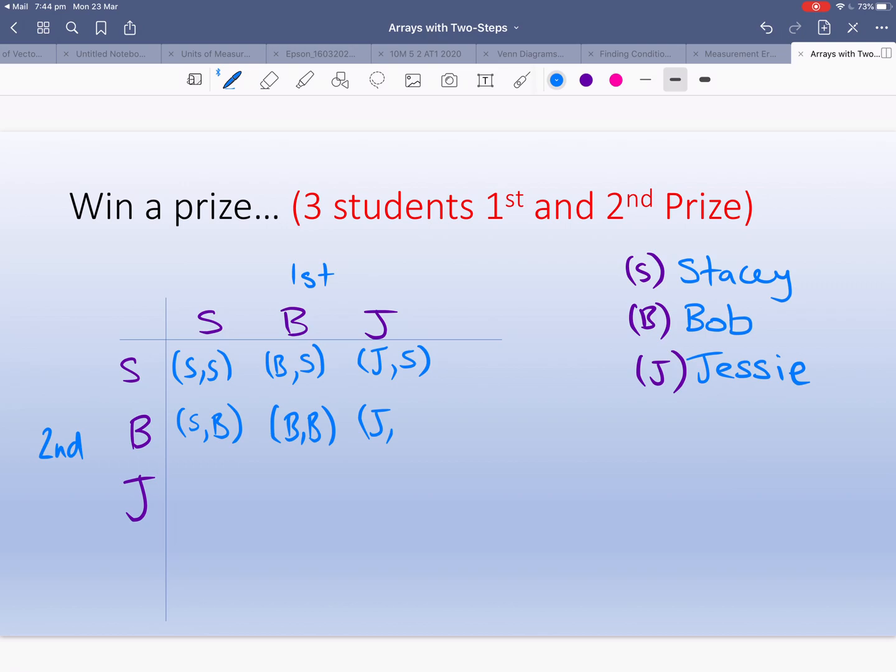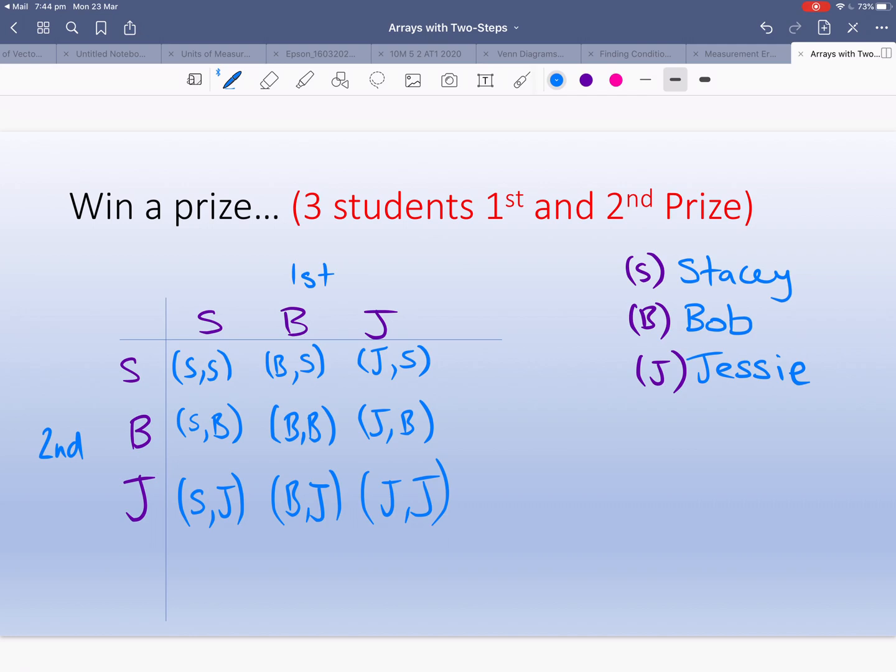Or I can go Jesse, Bob. And finally I can go Stacy, Jesse, Bob, Jesse, and then Jesse, Jesse. So what this does is clearly tell me all the combinations of 3 students, given that there's a first and a second prize.